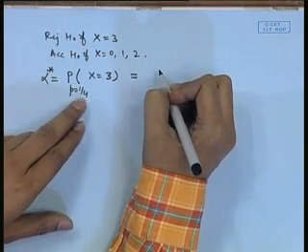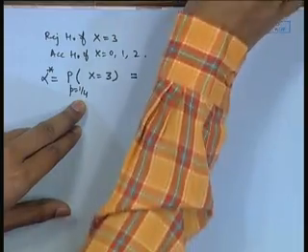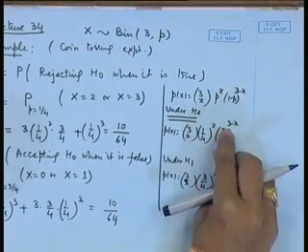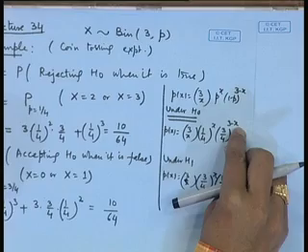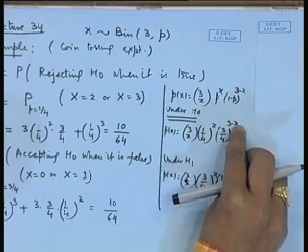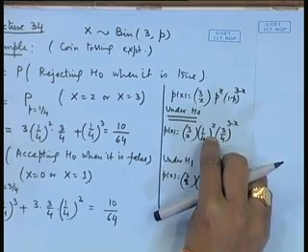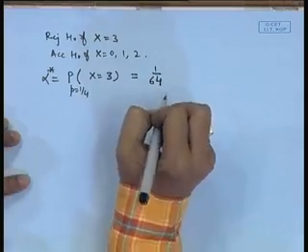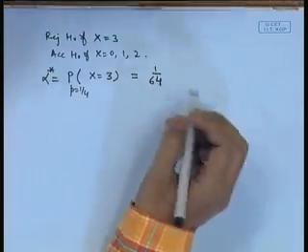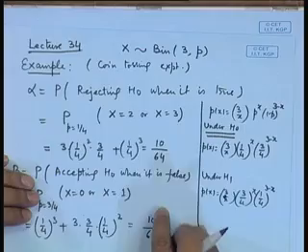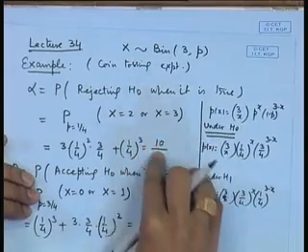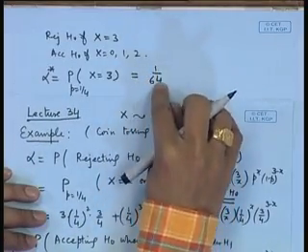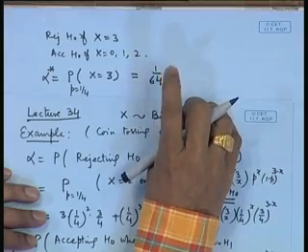So, when p is equal to 1 by 4, we noted down the distribution here, 3 c x 1 by 4 to the power x, 3 by 4 to the power 3 minus x. If we substitute x is equal to 3 here, I get 1 by 4 cube, that is 1 by 64. So, naturally you can see here that the earlier test is having alpha equal to 10 by 64, while this is having 1 by 64. So, this is having a much smaller probability of type 1 error.